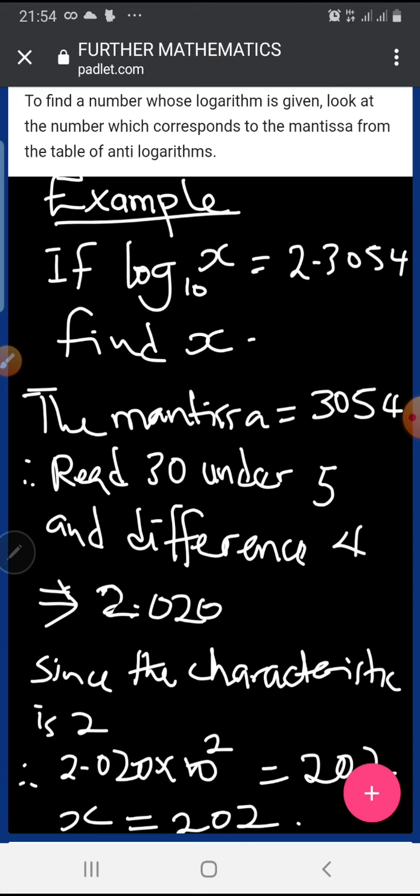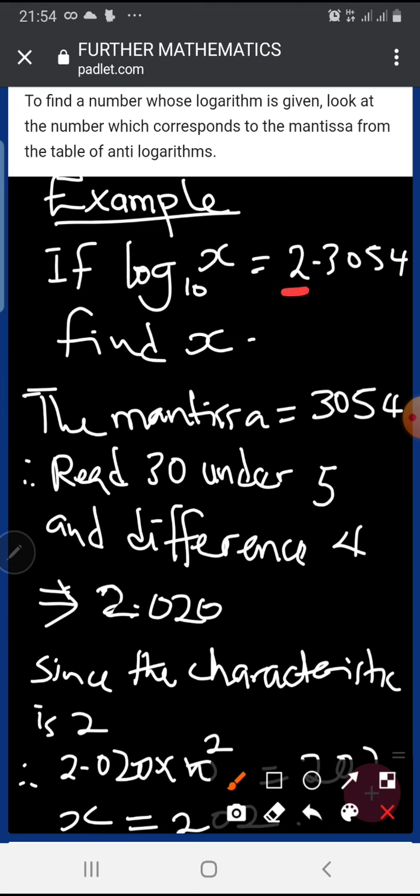The characteristic is 2, so you are moving this point twice, 1 and 2. Then the point will be at the back of the second 2.